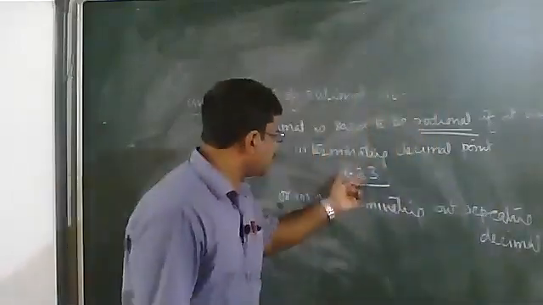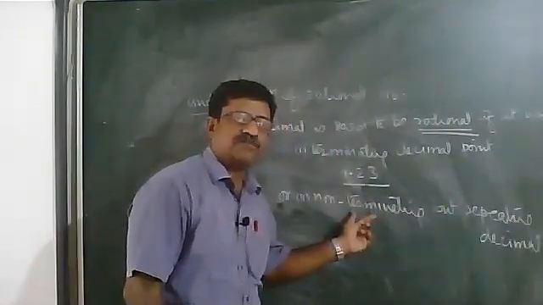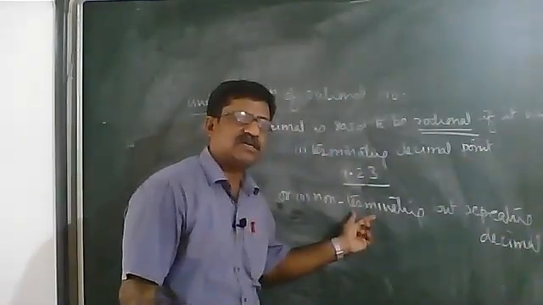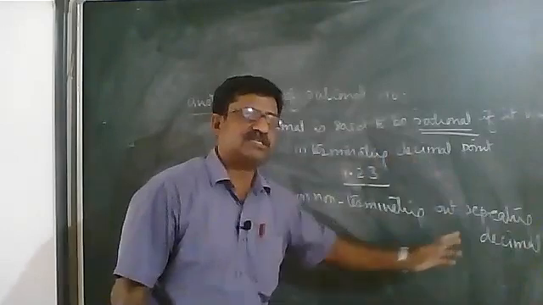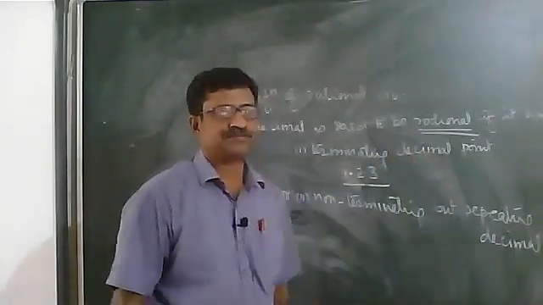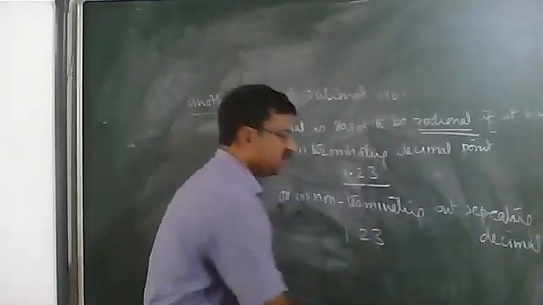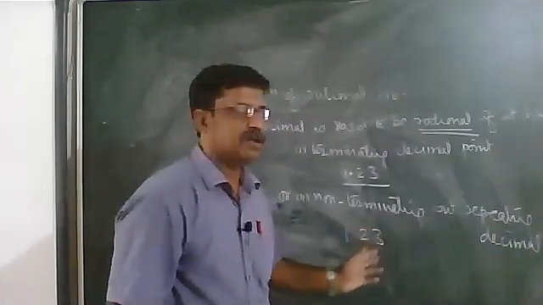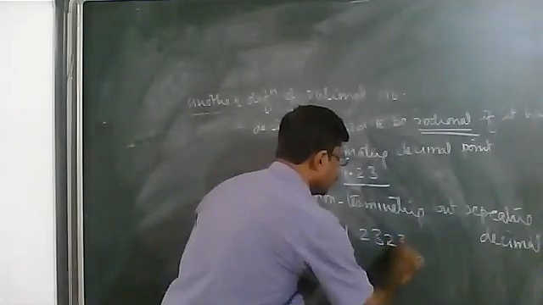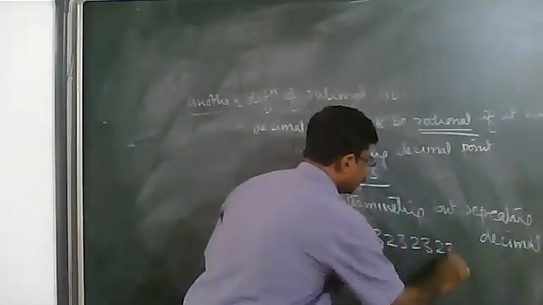But we got another type of number. If it is not terminated, then it should continuously repeat. If it has not stopped, 1.23, we don't want to stop, then what we can do, we can continuously repeat that: 2, 3, 2, 3, 2, 3.